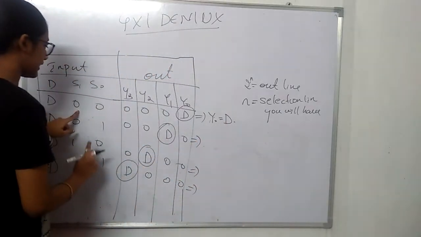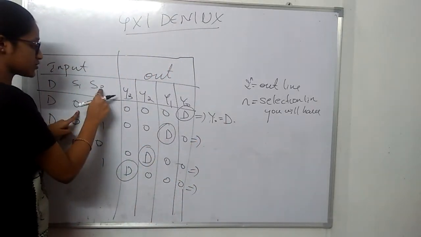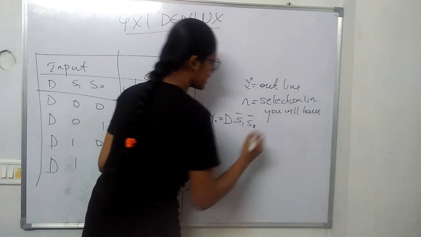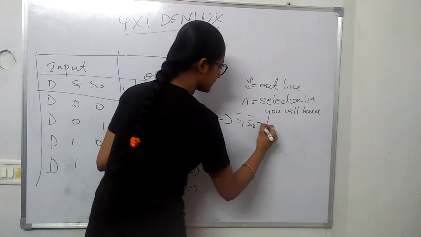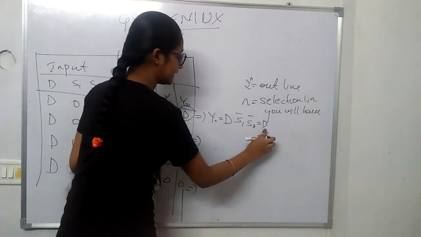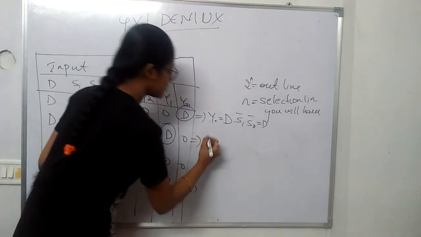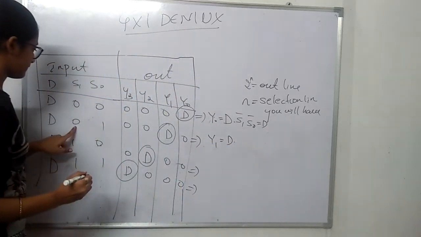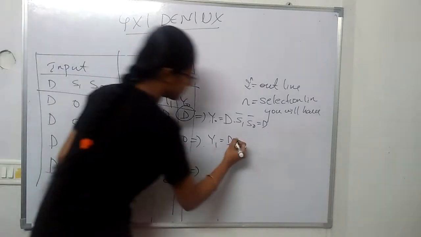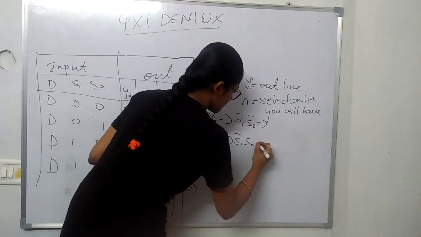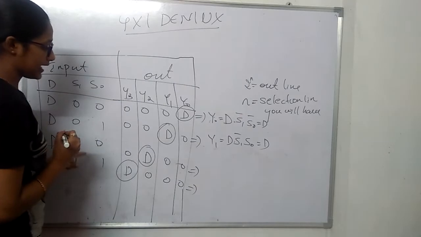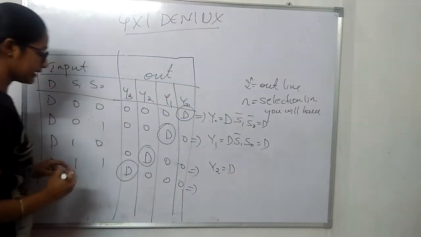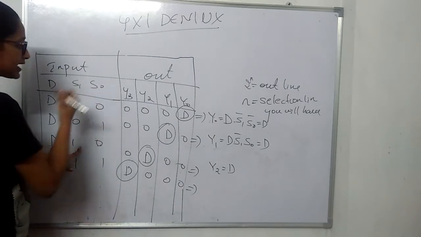So D at which positions? S1, S0. As we have zeros, we consider inverters. So you will get the information D at Y0. Same as at Y1, the information will be D into S1 bar into S0. At Y2, the information D, and here we have S1 and S0 bar.